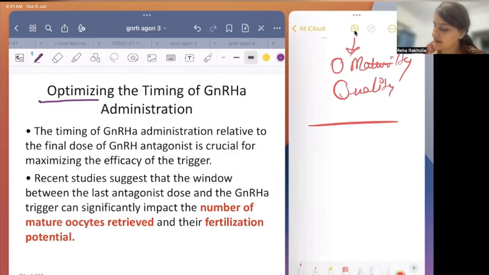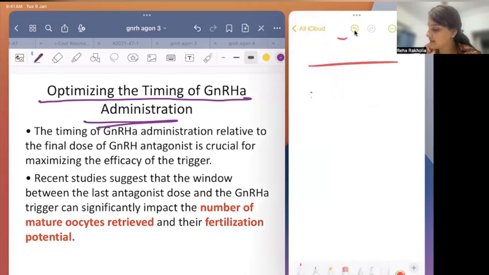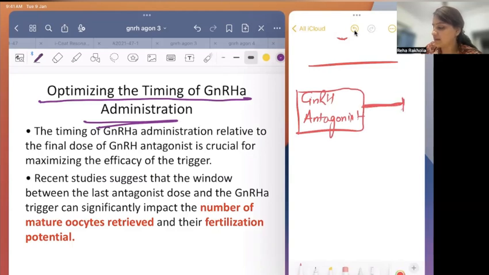Then, optimizing the timing of GnRH agonist administration. When we give a GnRH antagonist as a protocol to suppress the premature LH surge, there will be a window time period, then we'll give an agonist trigger.